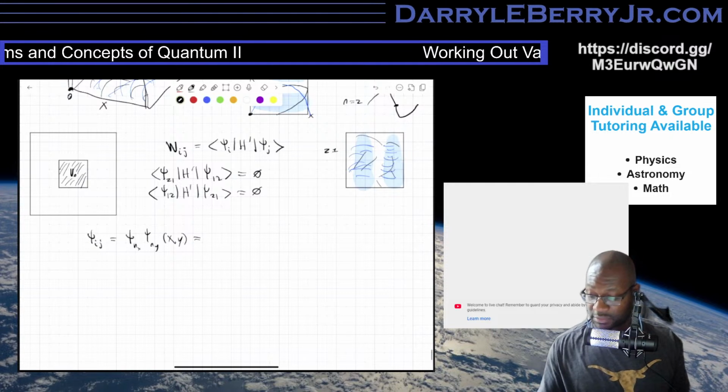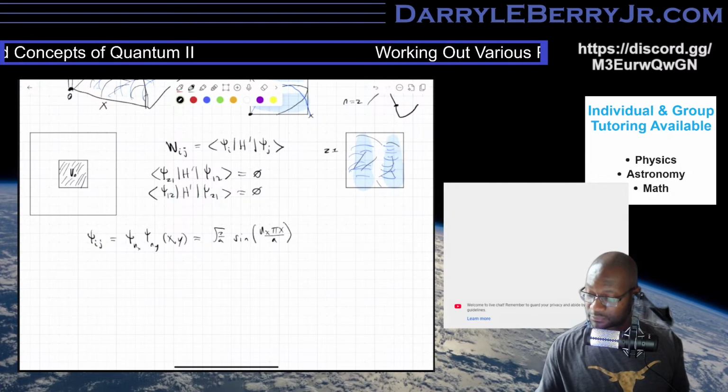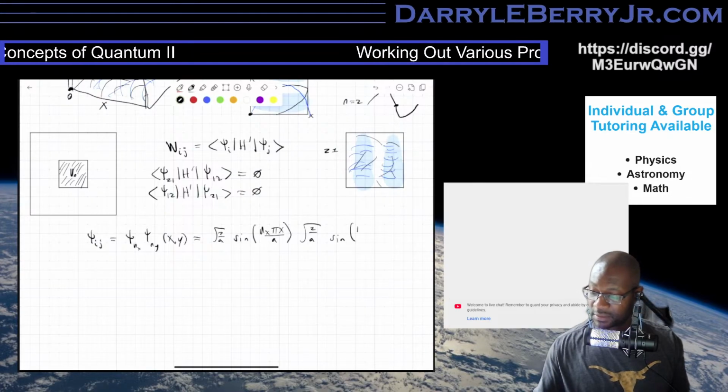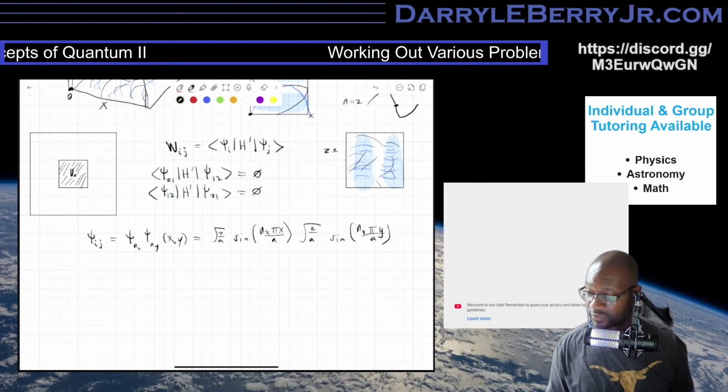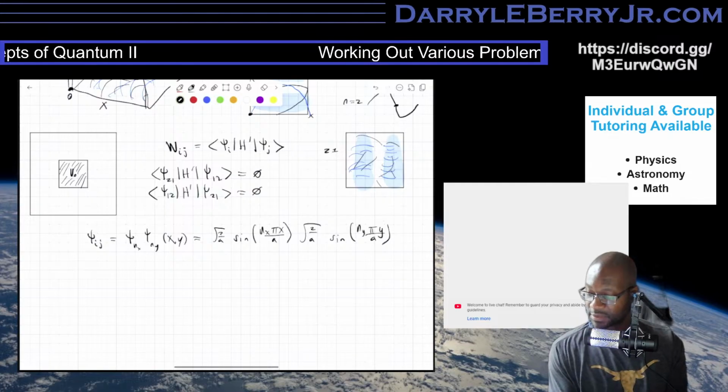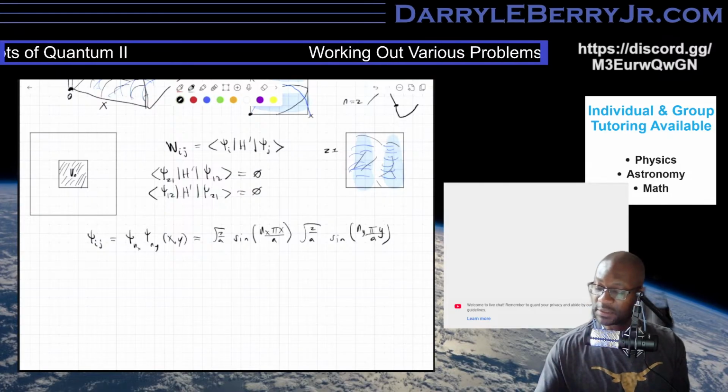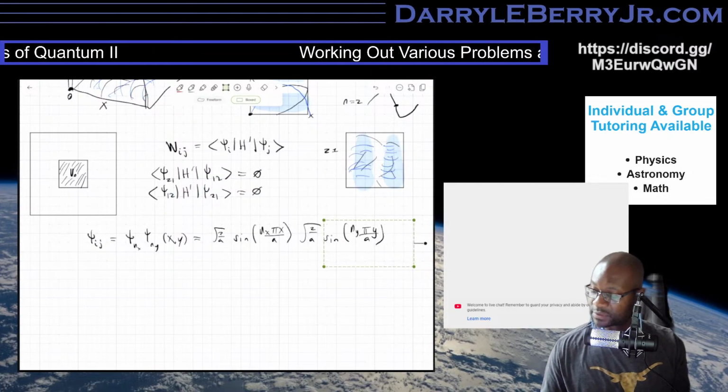So that equals square root of 2 over a sine n_x pi x over a, square root of 2 over a sine n_y pi y over a. So these are the default wave functions.